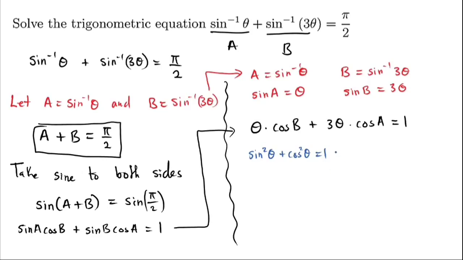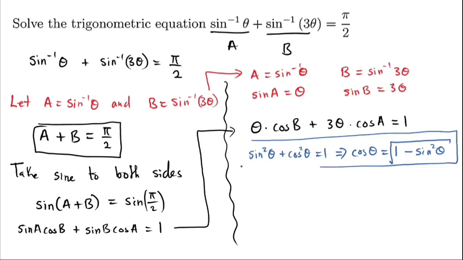This implies that cos theta is equal to the square root of 1 minus sine square theta. Now, I did not write the square root yet because I want to introduce the square root to both sides. So this is what we have. I'm using the Pythagorean identity and we get this.